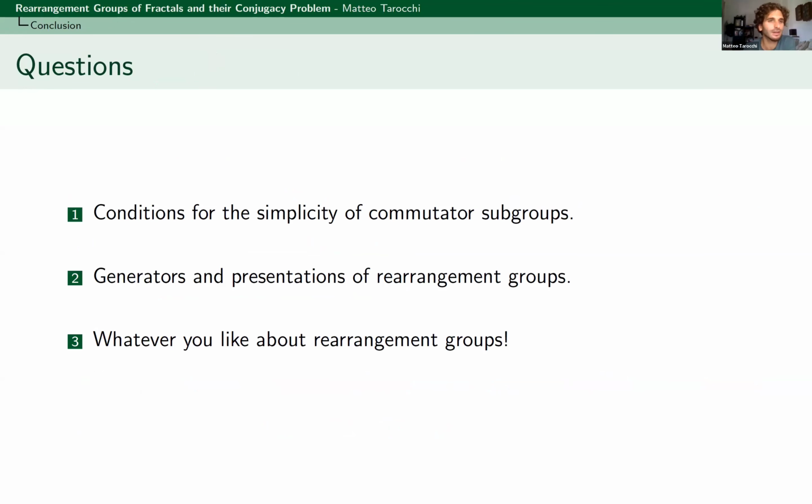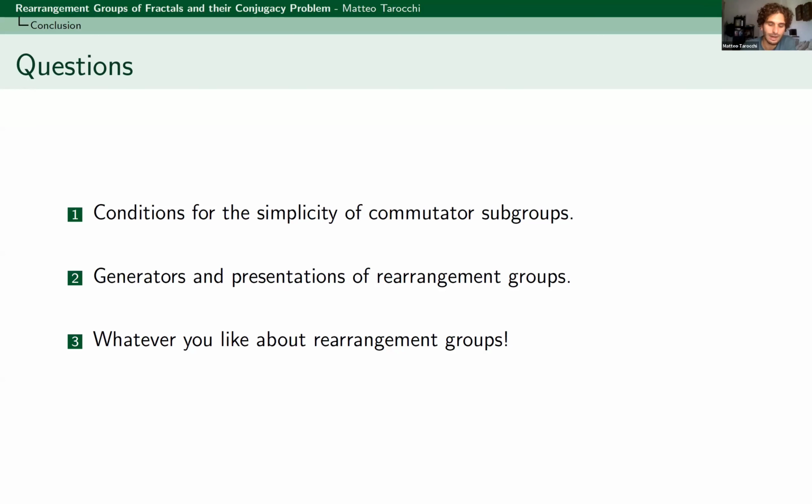Questions that instead I think are really interesting are simplicity, because as you've seen, many commutator subgroups seem to be simple, but there is no clear condition under which that happens, at least not until now. So I think this would be interesting to understand. And I think it would also be great if we had some procedure or algorithm to list the generators or relations of a rearrangement group, though this might be a little too ambitious.